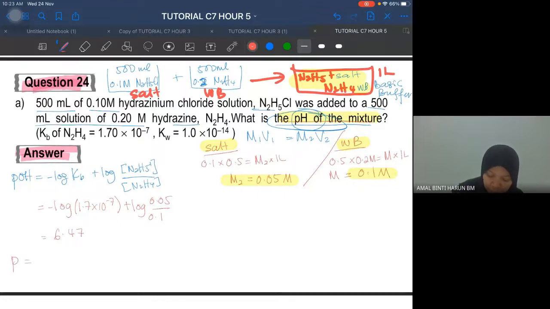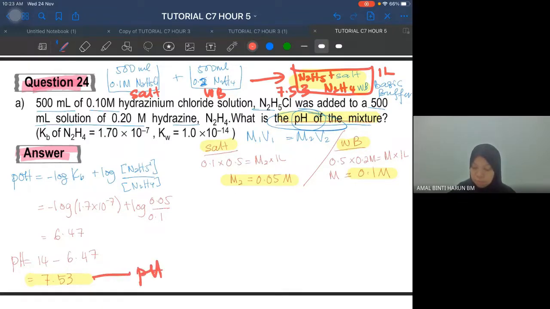So, pH adalah 14 tolak pOH 6.47. So 14 tolak ni berapa? 7.53. That means pH of this buffer is 7.53.